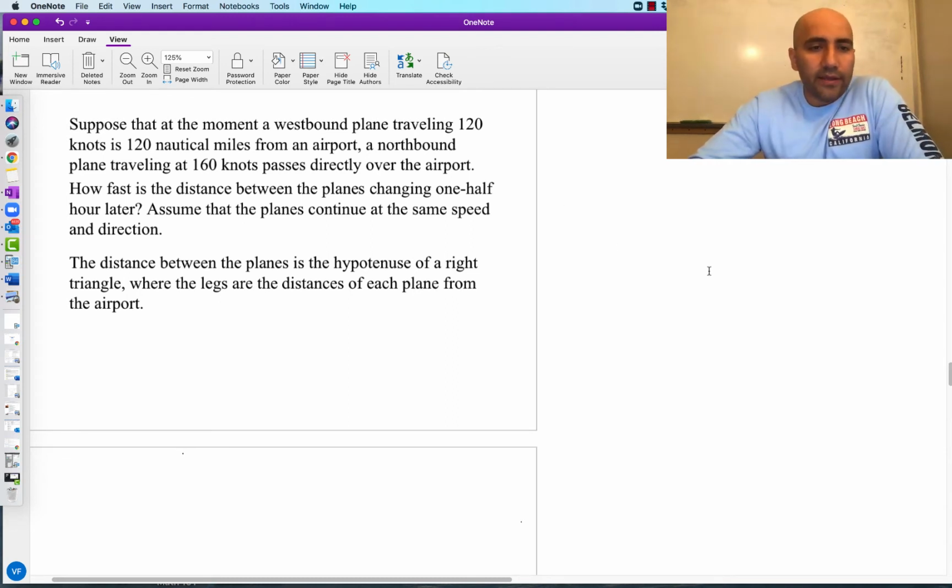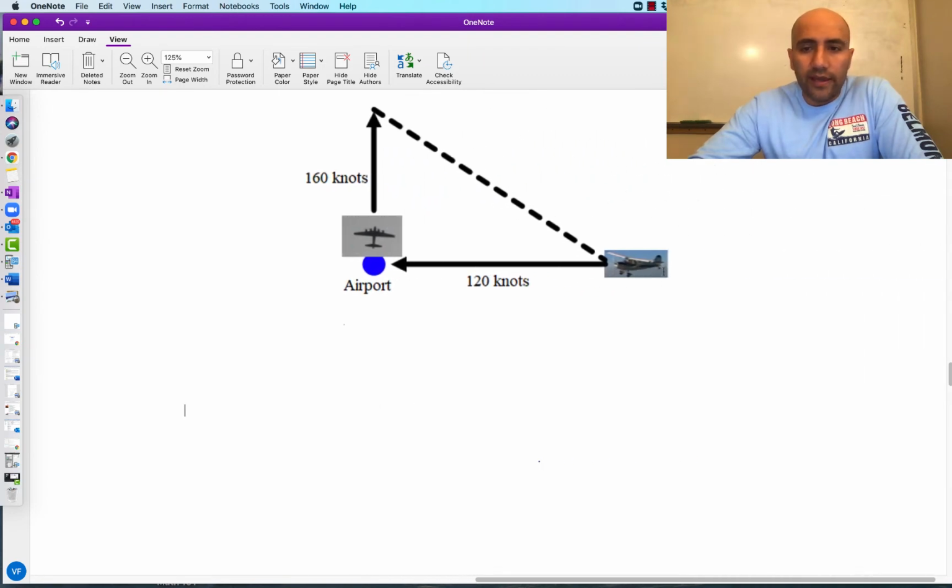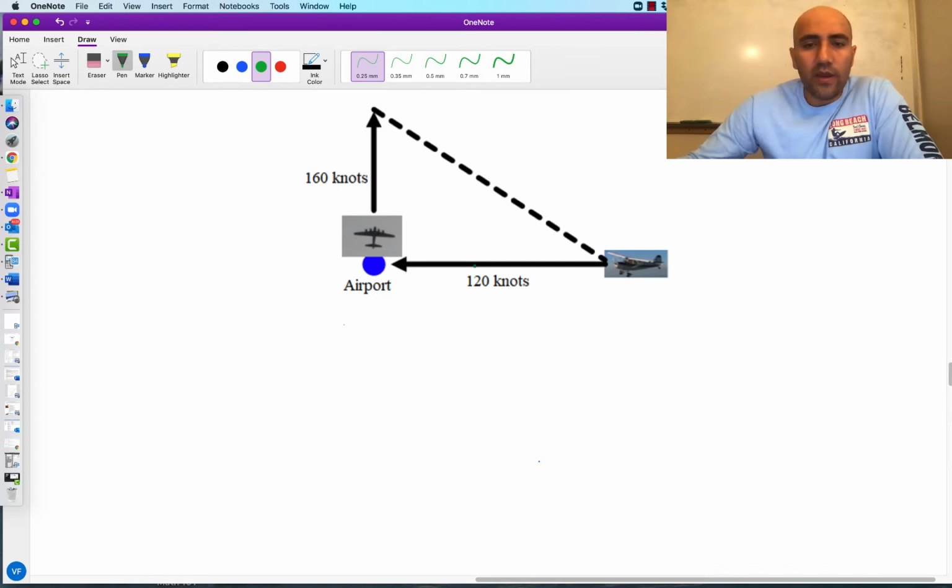Okay, so your author provided this nice little graphic for it. So we have a westbound airplane. So this is the westbound airplane. See the little arrow here, direction. And then we have another airplane here heading northbound.